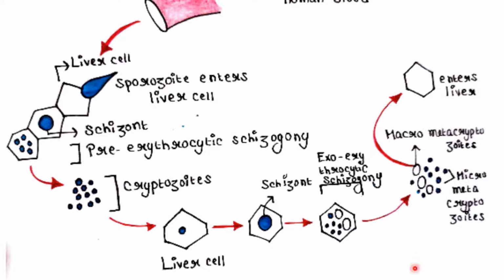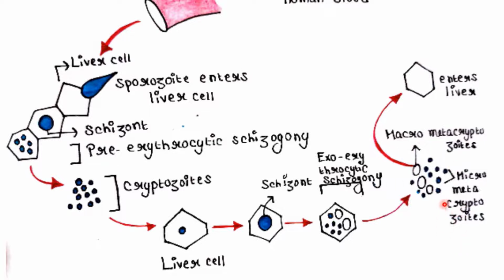Now, these macrometacryptozoites enter fresh liver cells and continue the exoerythrocytic schizogony just like the previous one. So, it will continue the same thing again and again. Why do they do that? Because by doing that, they increase the number of parasites in the body of the host. So, this is their strategy.